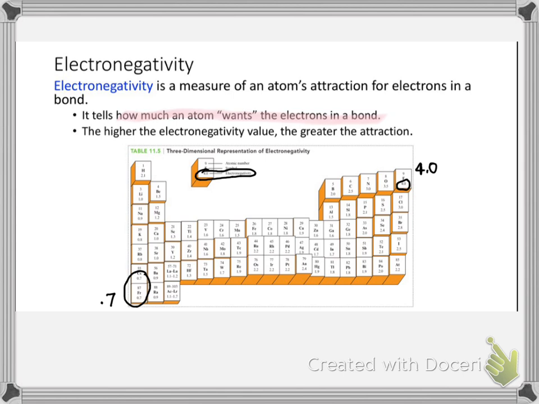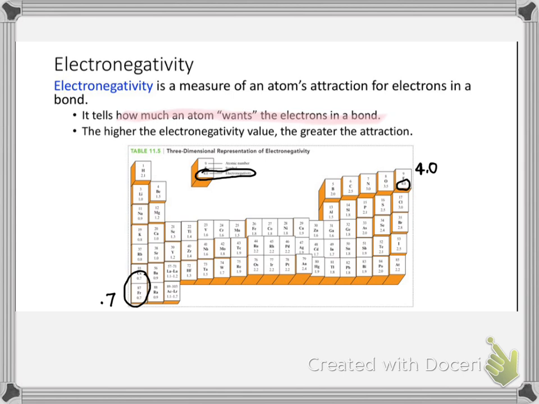Now I want you to think about how it all really connects together. It's not really separate ideas. We talked previously that metals like to lose electrons and nonmetals like to gain electrons. It has to do with the energy to gain and to lose the electrons, but also here you see that the nonmetals have more attractive power for electrons in a bond.